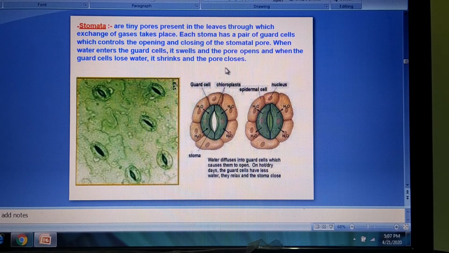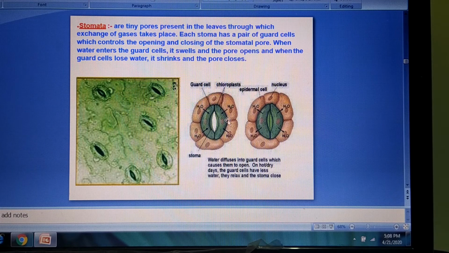Each stoma has a pair of guard cells which control the opening and closing of the stomatal pore. When water enters the guard cells, they swell and the pore opens. All cells of the plant absorb water, and in the same way guard cells also get water.